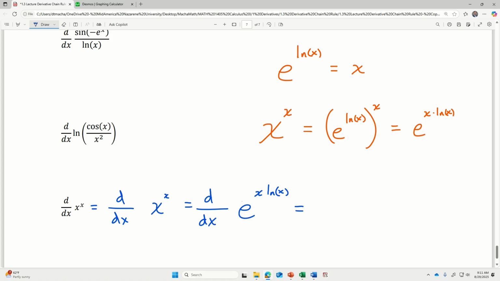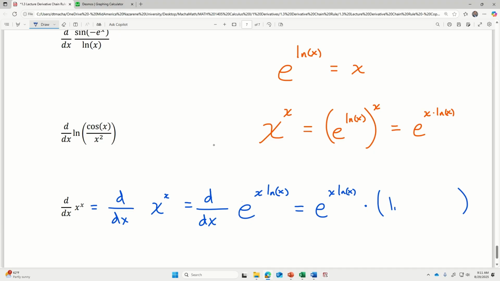And this isn't a super easy derivative, but it is a chain rule. So you start by taking the derivative of the outside function, and then you multiply times the derivative of the inside function. And the derivative of the inside function is a product rule, x times natural log of x.